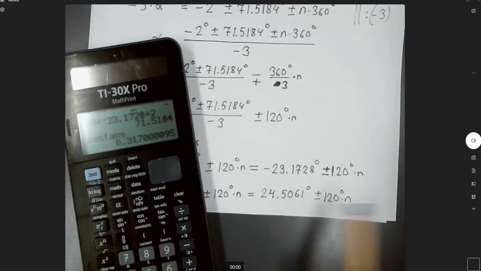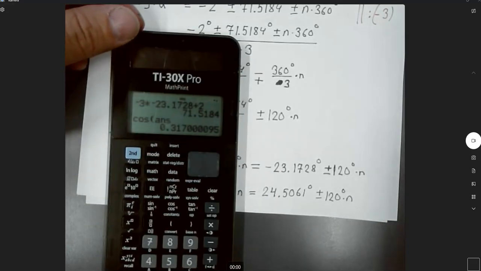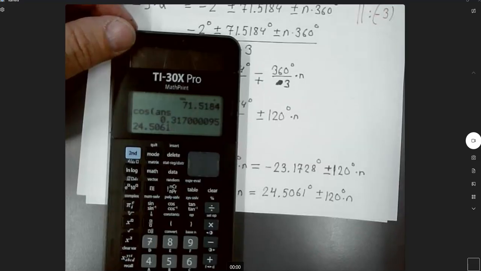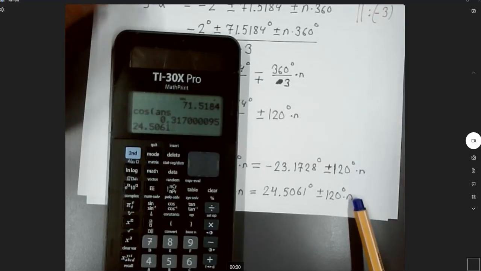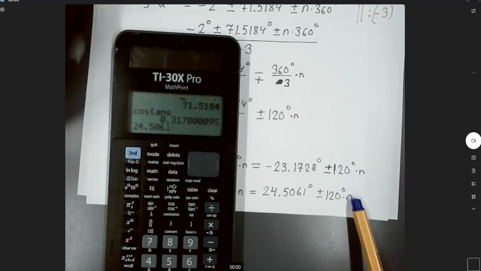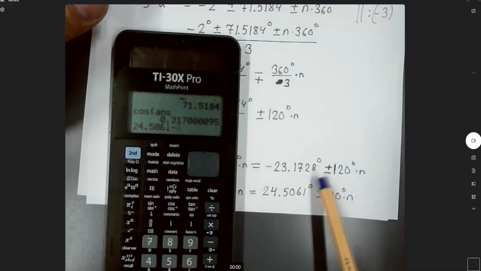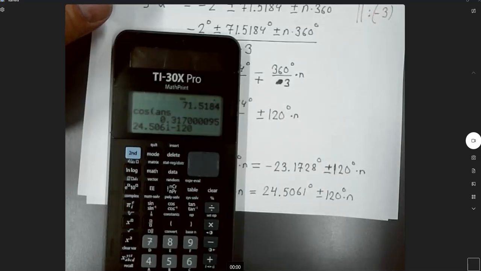And we have this angle there, so I will take 24.5061, and I choose n to be 10. So I will add or subtract. Let's take the minus sign there, and 120 times 10.